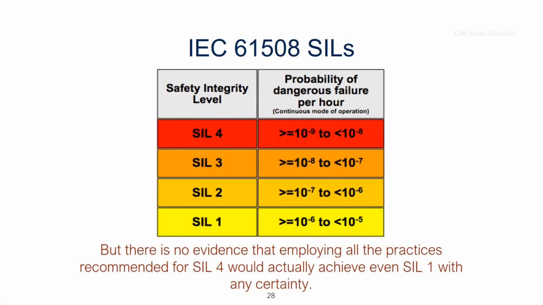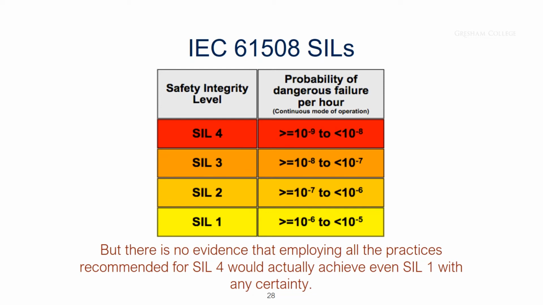And the recommendations that are made are consequently illogical and unscientific. And this is the system integrity levels from IEC 61508, as I say, the big important European and international safety standard.